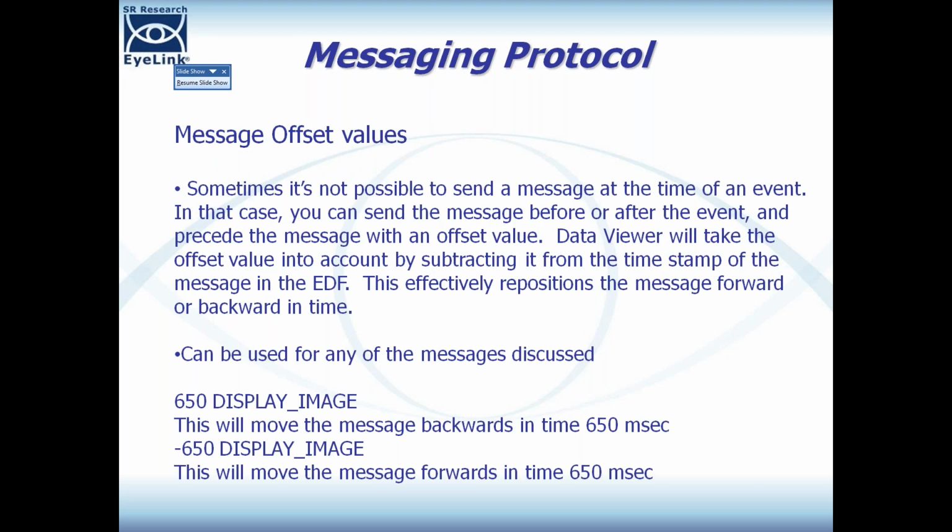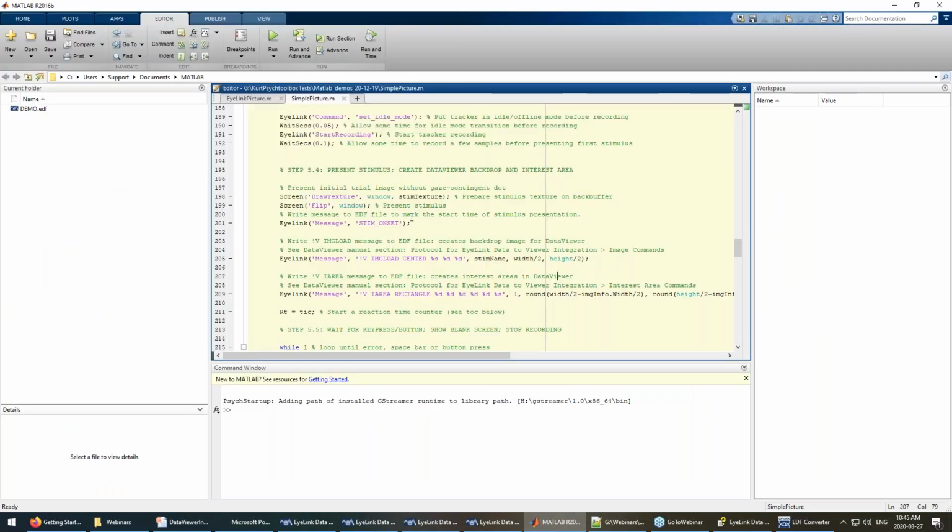Let's talk briefly about message offset values. In the example that I showed you here in Psychtoolbox, we're drawing to the screen, then we're sending an event marking message, and then we're sending the image load and interest area messages here. Psychtoolbox uses what you can call retrace locked drawing.